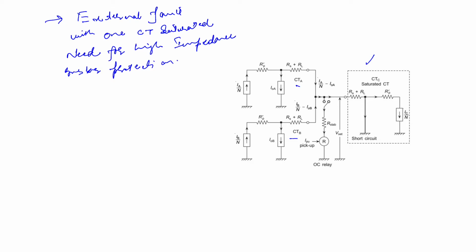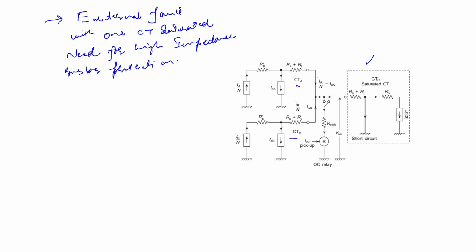Now, the part of the fault current which flows through the overcurrent relay causes it to trip even though the fault is external.